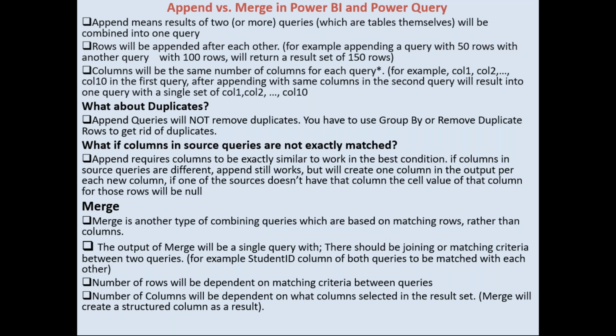Earlier we dealt with columns, now we are matching the row data. The output of a merge will be a single query. There should be a join or matching criteria between the two queries, so the two queries can share the same rows.